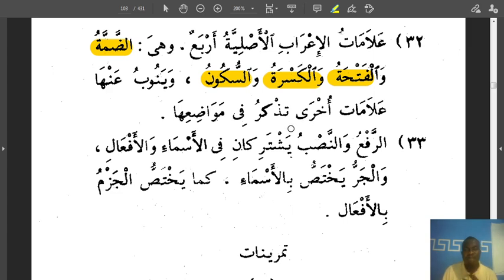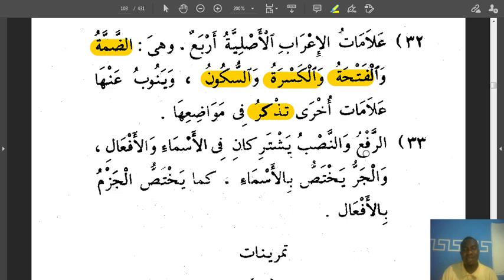They are replaced by other signs. تذكر في مواضعها. They will be mentioned in their right place and time. Meaning when we get to that topic, you will be told that this replaces the alamat al-i'rab al-asliya.